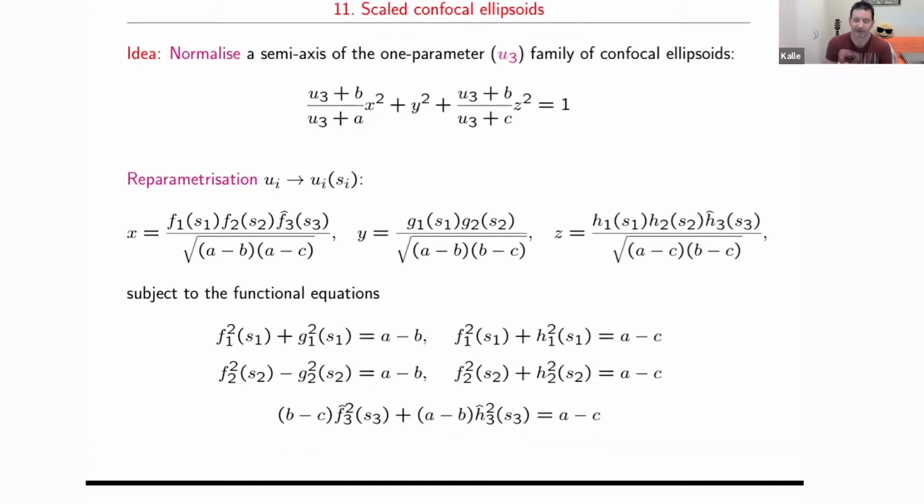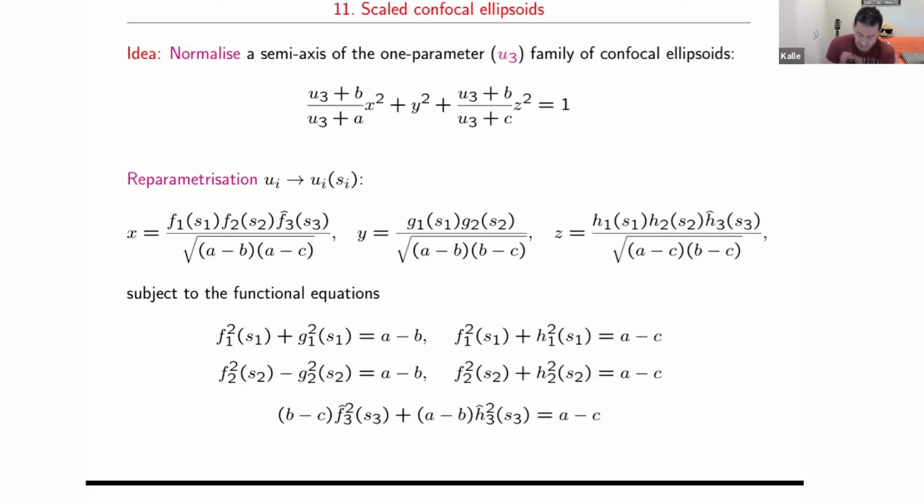So that is the idea. There's a natural one parameter family of confocal ellipsoids. Maybe they have something to do with the deformation. But of course, I need to keep this one semi-axis fixed. So maybe I just scale them, and let's see what happens.